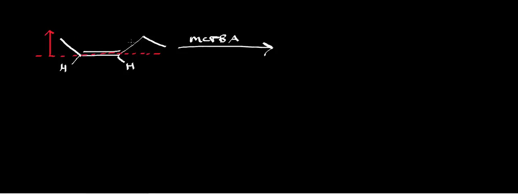I'm going to pick everything above that dotted line, every group, which includes this group right here, which is a methyl, and this group, which is an ethyl. I'm going to pick all of those, and they're going to remain the same. So all I'm going to do is come over here and just redraw them.